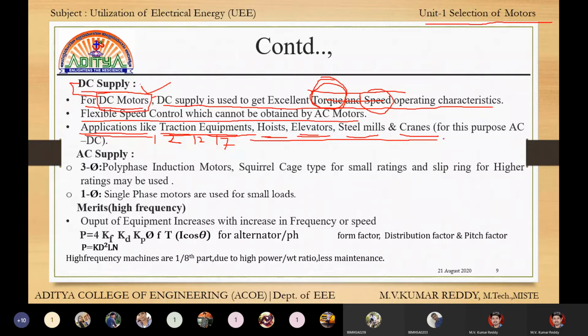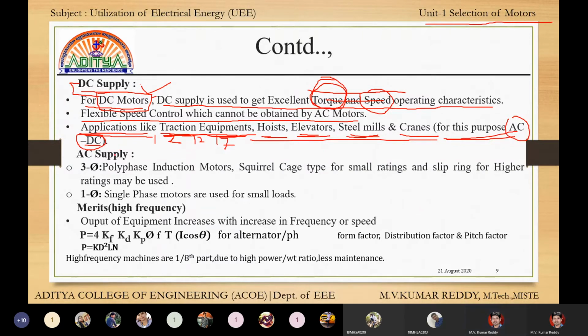Here is one important point: for this purpose AC is converted into DC. Generally the available voltage is AC voltage. For these applications, traction equipments, hoists, elevators, steel mills, we require a DC supply, hence AC is converted into DC.